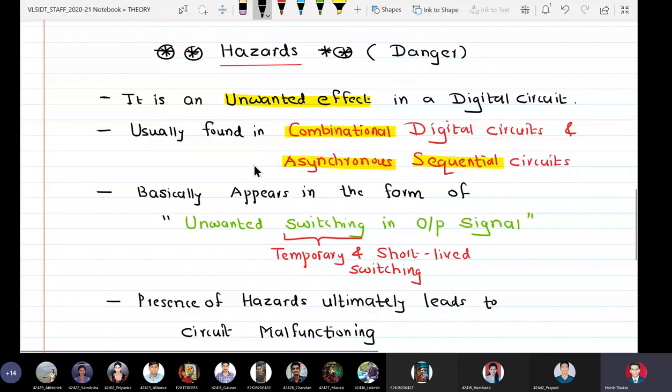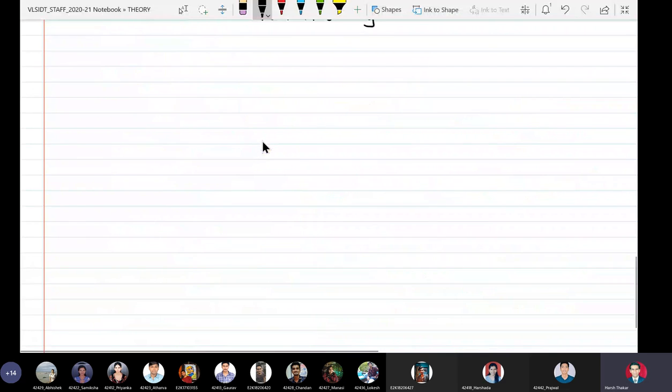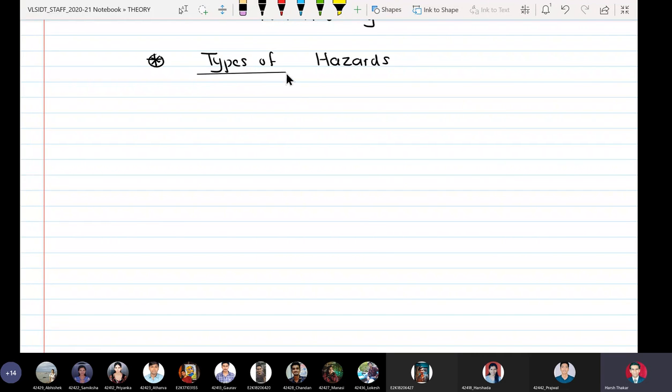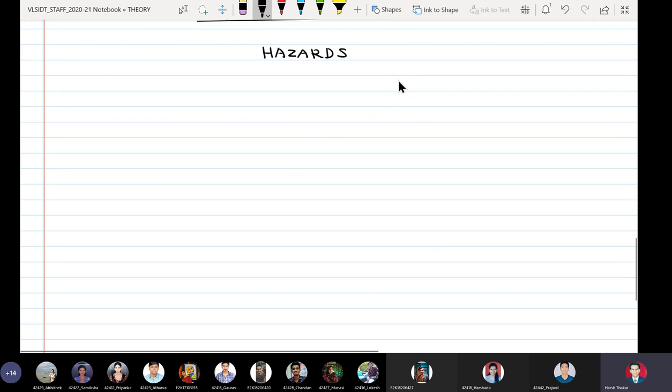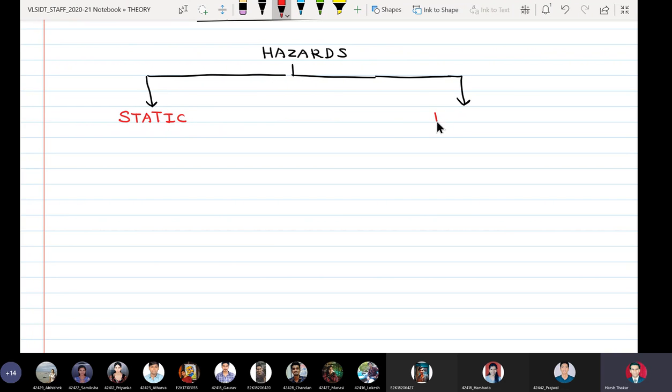Okay, so now we go to the second thing, that is types of hazards. Static hazard and dynamic hazard.